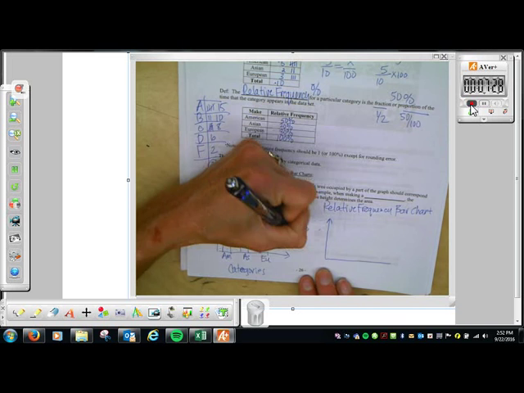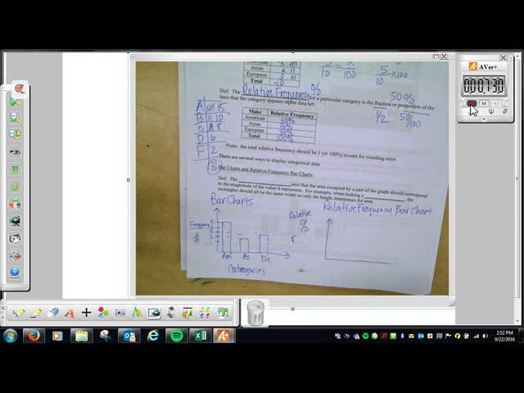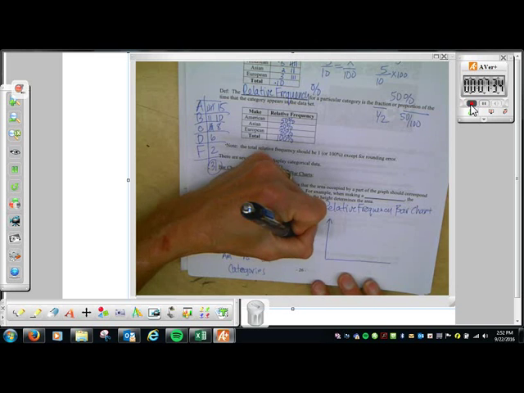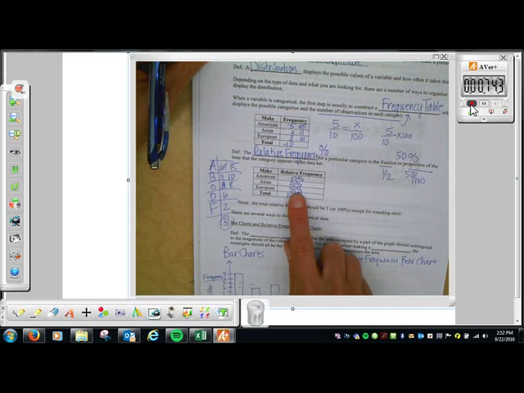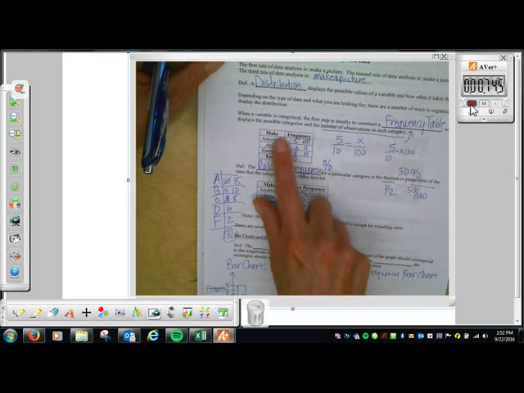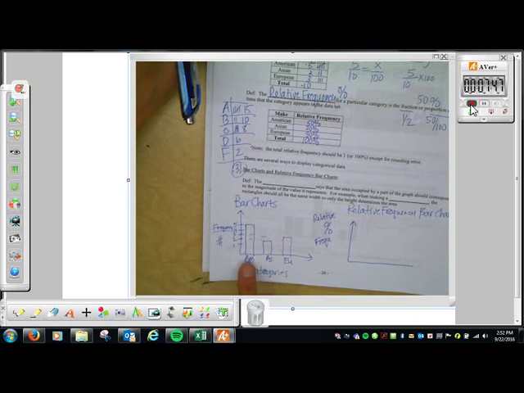Relative frequency means in relation to the whole, out of the whole, percent, what fraction. Now I'm just going to need to put these numbers on the vertical axis. If you've got a frequency table, it's easy to make a bar chart.